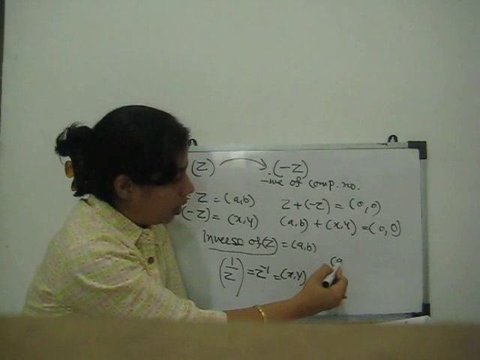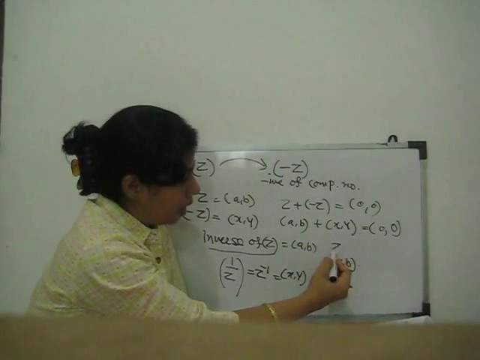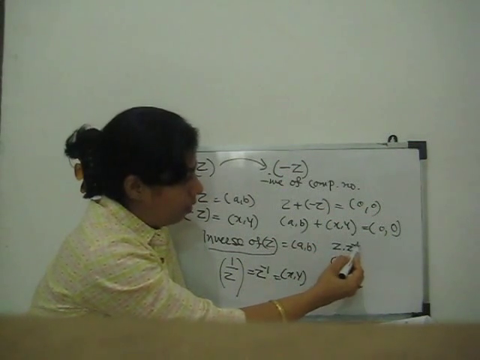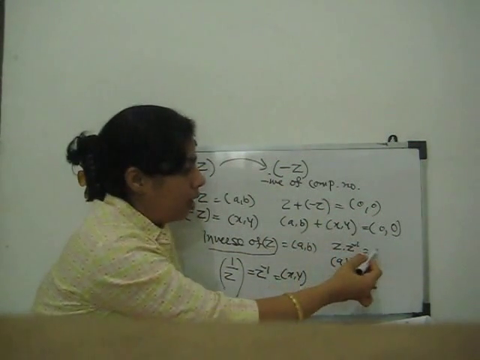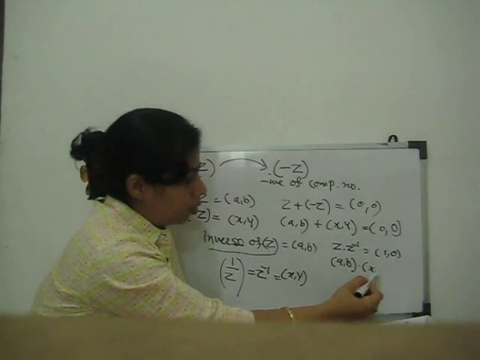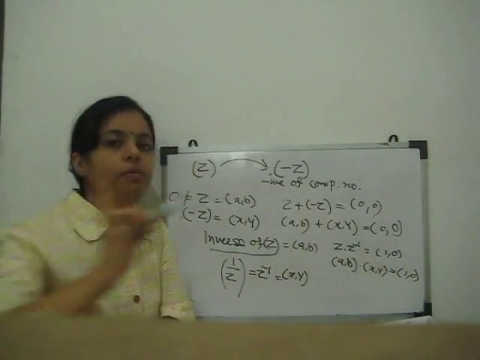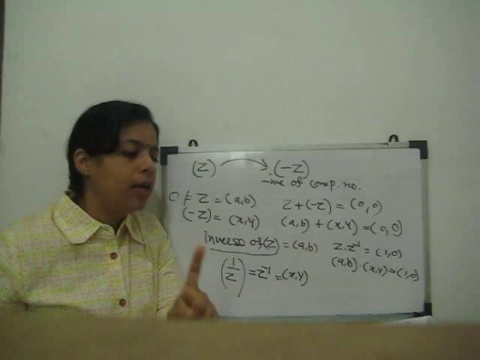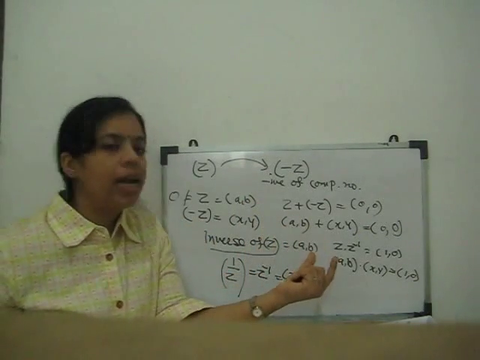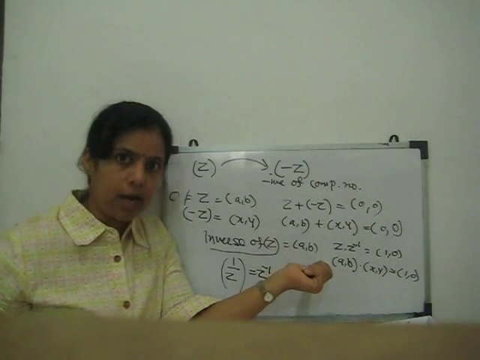Then (a, b) multiplied by (x, y) is equal to (1, 0). If it gives the value (1, 0), then this is the inverse of the given number z.